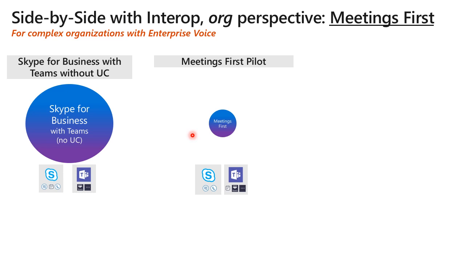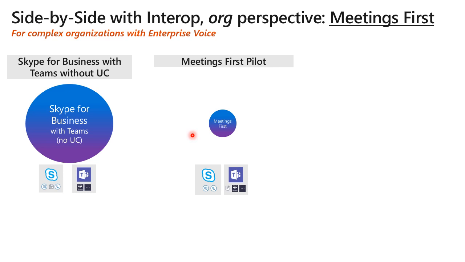And yes, the collaboration workload comes along with it, but maybe we don't emphasize it right out of the gate if our organization is not quite ready for it. Or maybe we do if we are ready for it, because it certainly has some extreme advantages from the collab perspective. But using this meetings first approach gives us the opportunity to start trying out meetings.